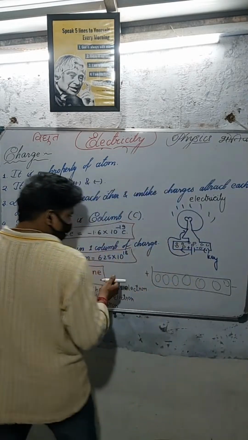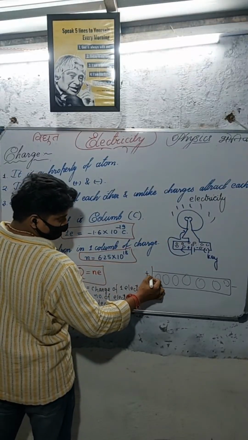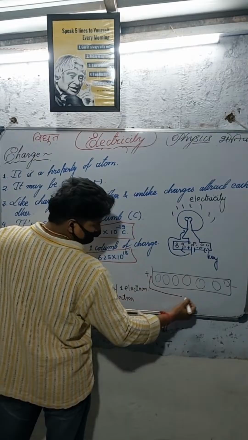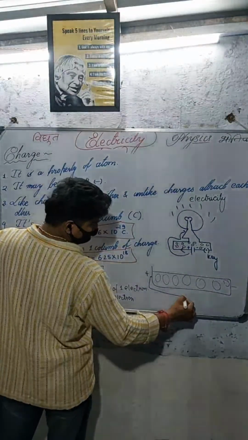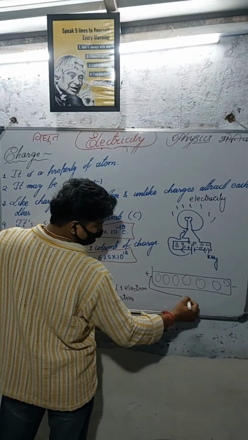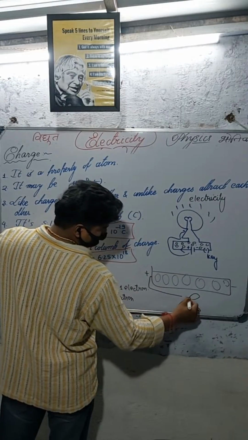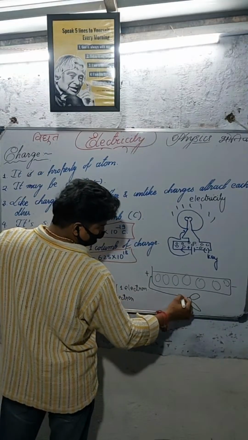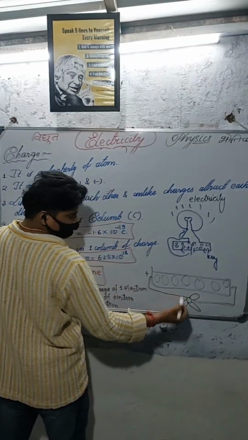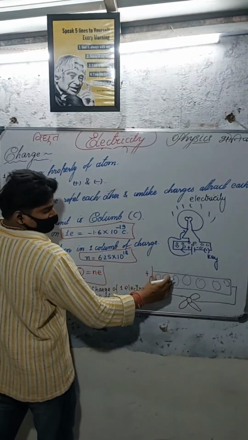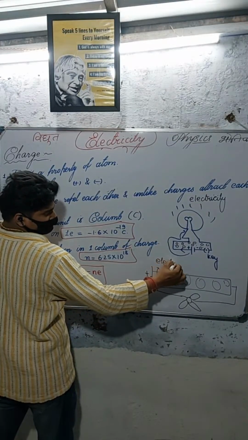Because whenever we join this battery or cell to any appliance, like you are joining it with a fan, okay? आपने फैन से कनेक्ट कर दिया, yes or no? So this fan starts running. This is an electron.